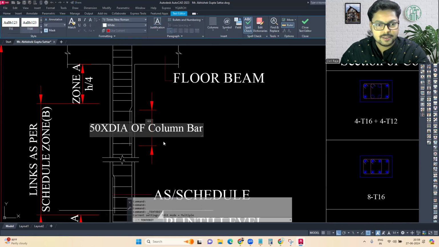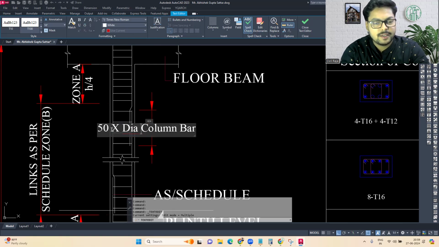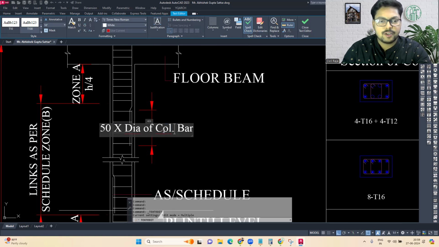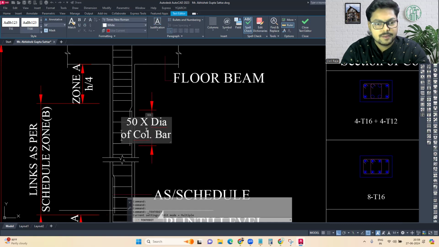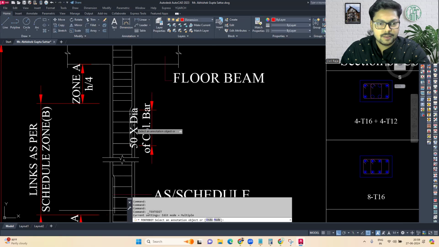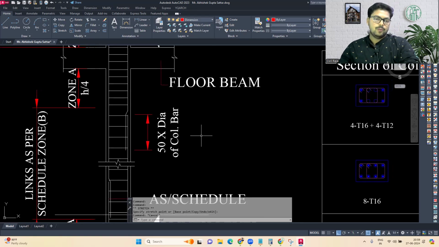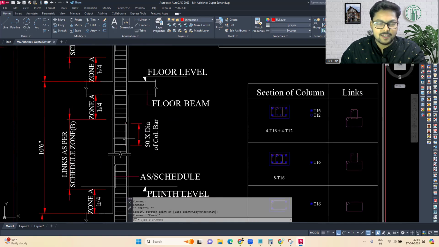I will just change it, make some space, and keep it short. Now write it in this format so that it can be more presentable. So lap length is clearly mentioned over here.